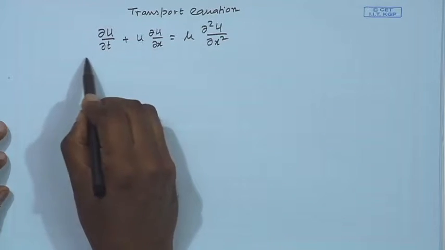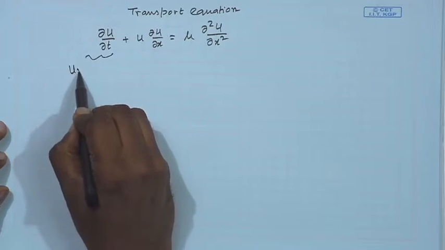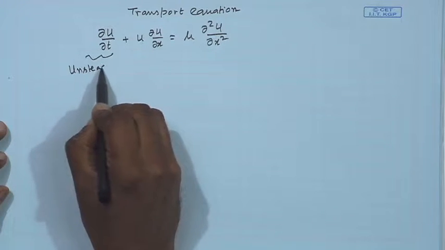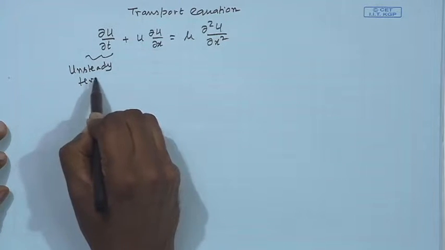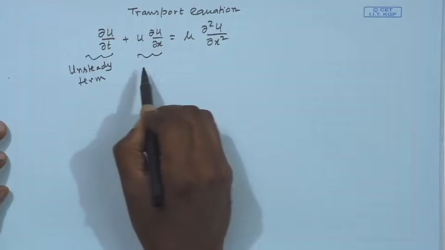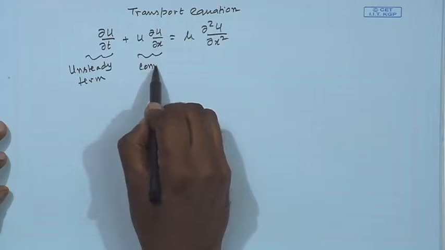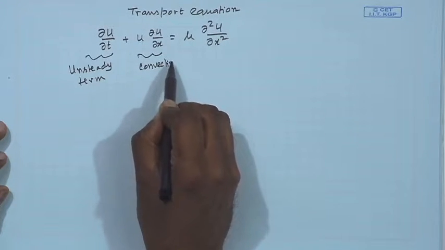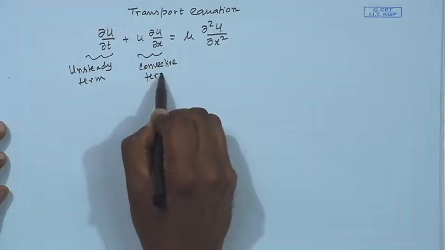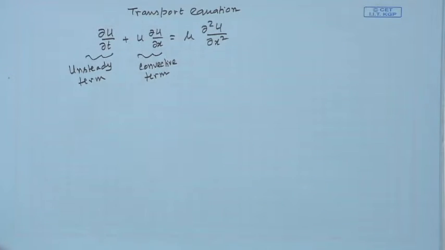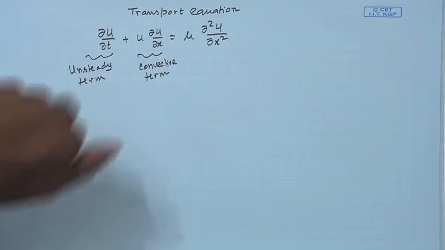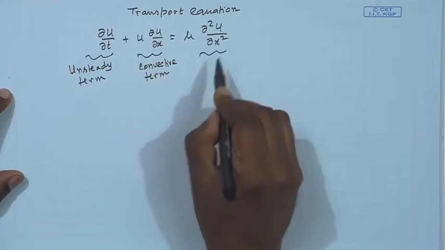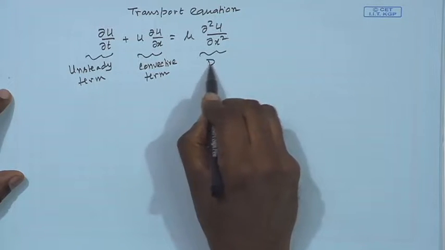This one we call the unsteady term, and this one is the convective or advective term, due to the transport velocity u, and this is the diffusion term.